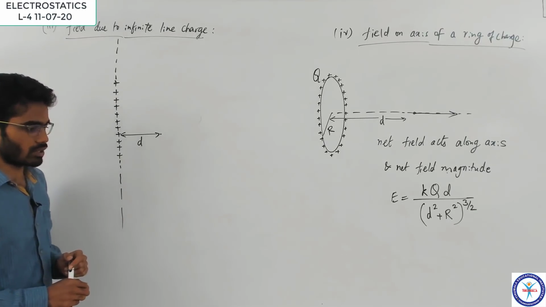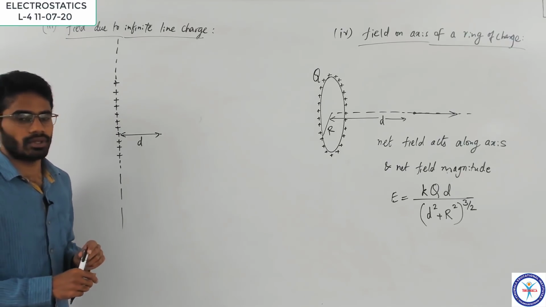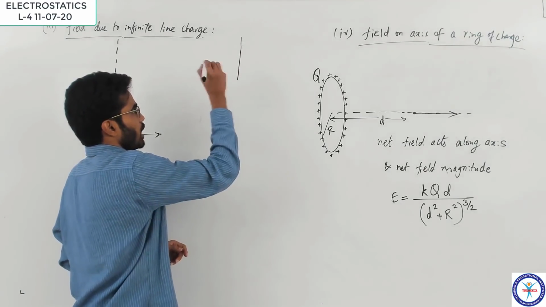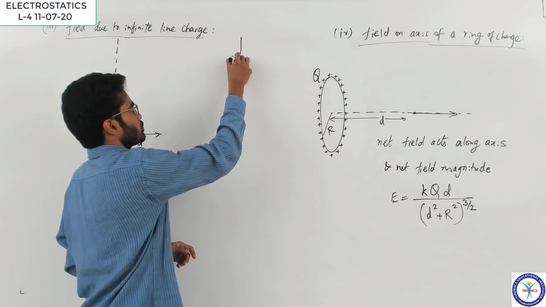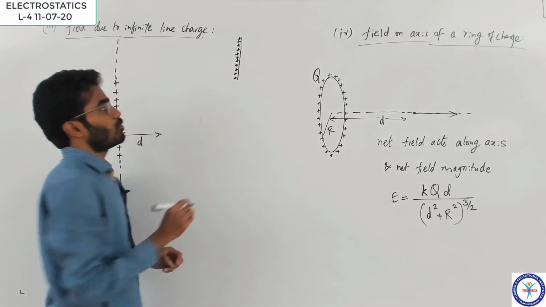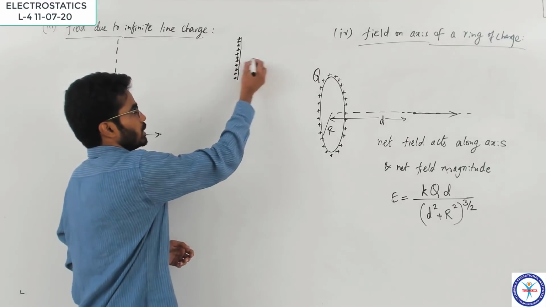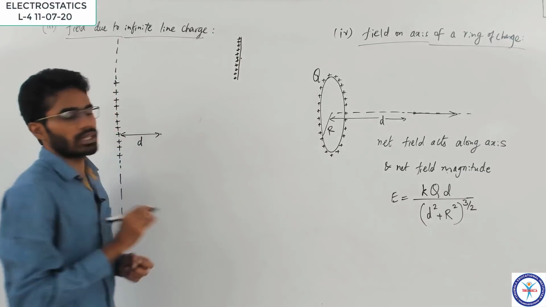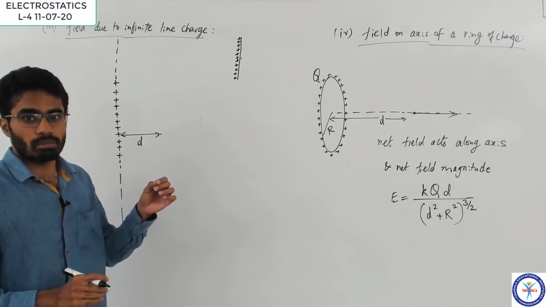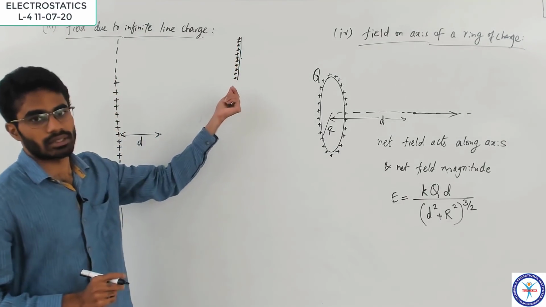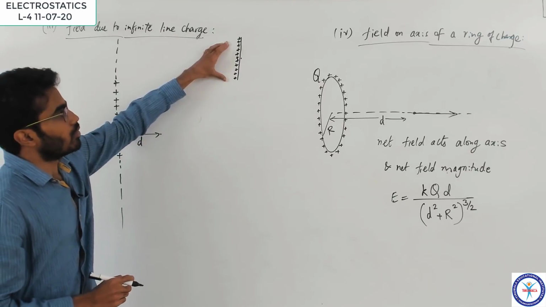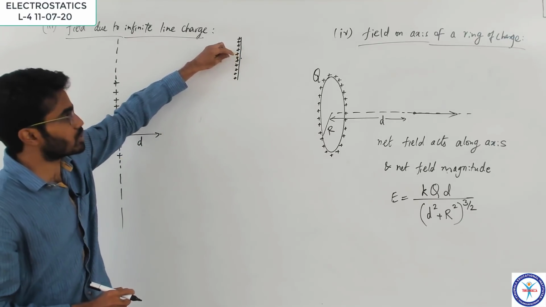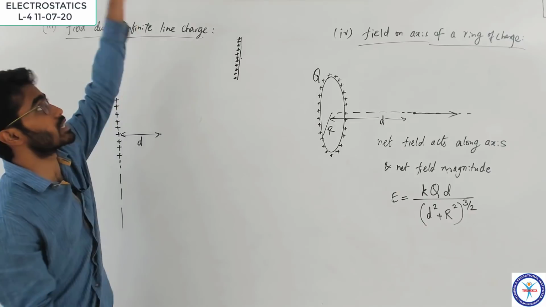For example, if you want to consider the field close to a finite line charge distribution, at a particular distance which is very close to the line charge, then for such a point, even though the line is finite, the angles alpha and beta are very large and the distance is very small, and it seems like the line charge is extending to infinity.